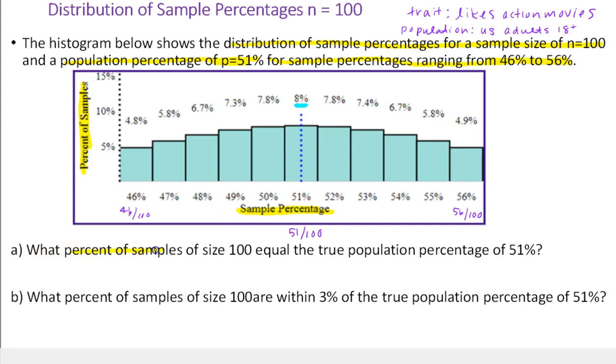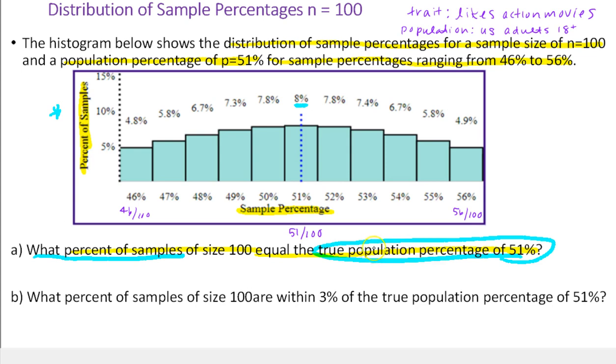What percent of samples of size 100 equal the true population percentage of 51%? Okay, so notice which one they are asking us to find. They're giving you one value and asking for another. We're trying to find the percent of samples, the value on the vertical axis, that have the attribute of equaling the true population percentage.